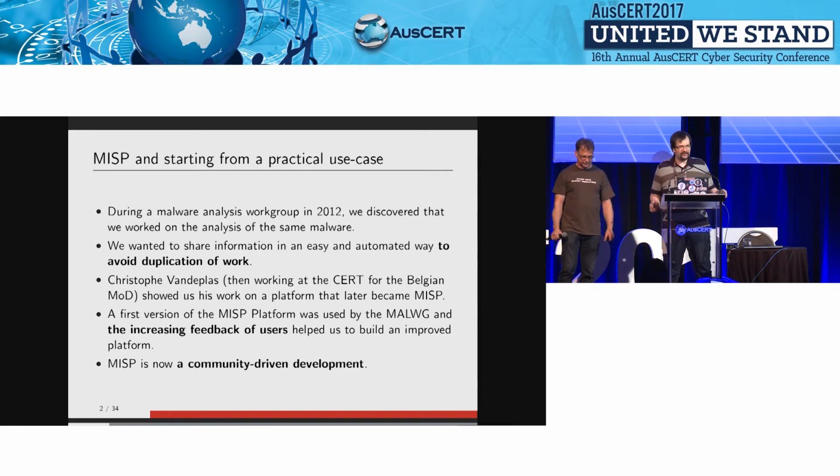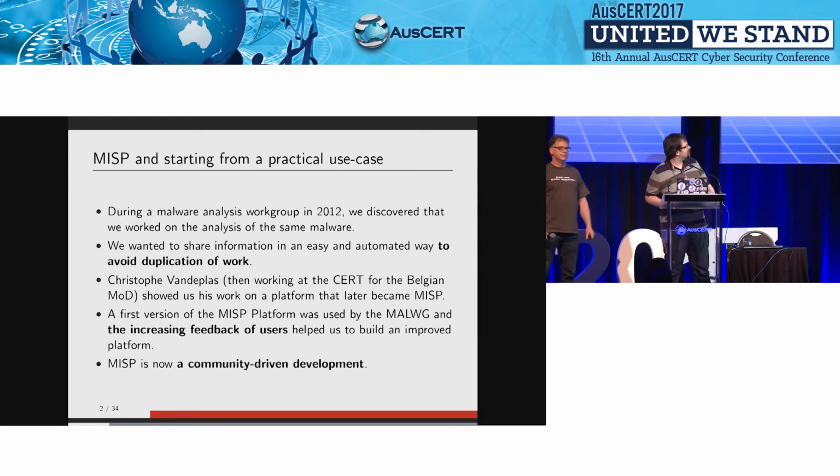In 2012 there was this malware analysis working group between some CERTs in Europe that were analyzing various attacks that were happening in their constituencies. And something that we discovered very quickly was that a lot of the work on doing the reverse engineering and so on had been duplicated between all of these CERTs, and it was kind of a shame to waste all that effort. So we figured that something would have to be done to be able to share this information in a more rapid way. So this is 2012.